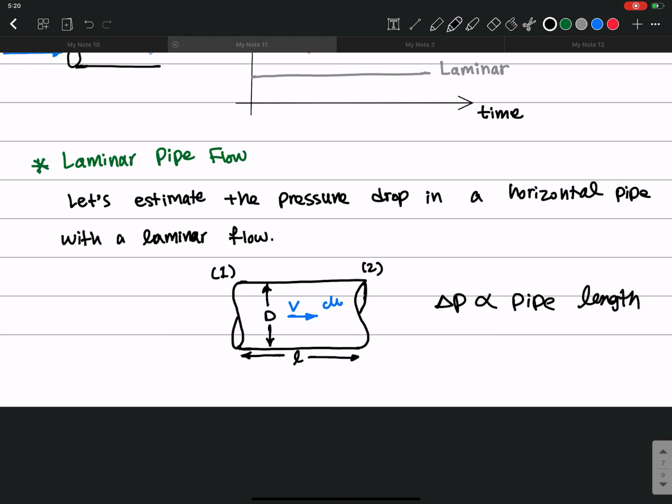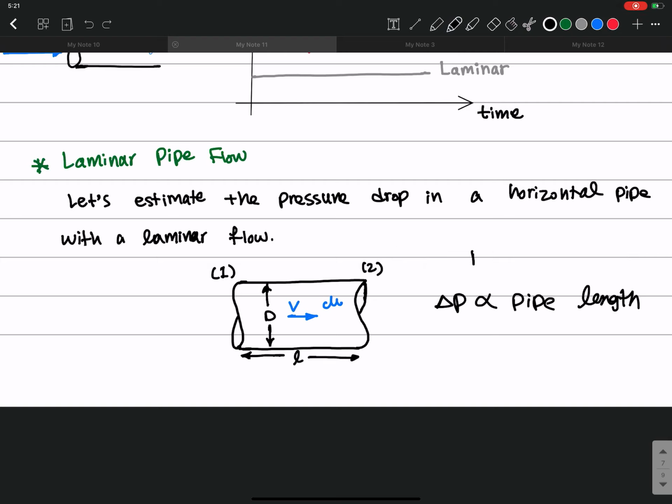If your pipe is longer, your pressure drop from this section to this section should also be larger, right? So this is what we expect. It's a physical assumption, it makes sense.